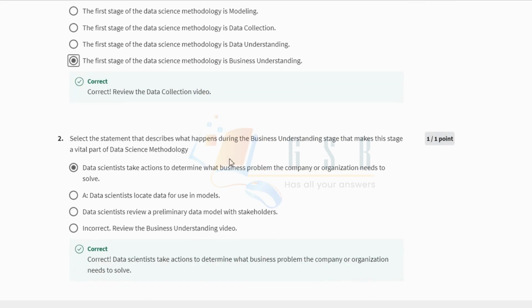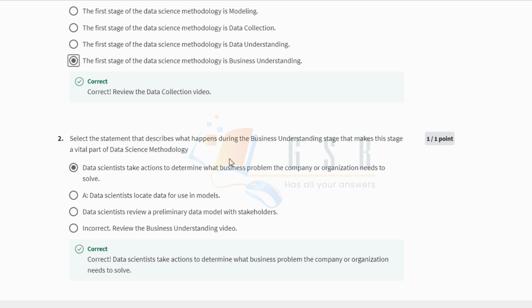The second question is: select the statement that describes what happens during the business understanding stage that makes this stage a vital part of data science methodology. The answer is: data scientists take actions to determine what business problem the company or organization needs to solve. A client is going to hire you with their problem and you are going to look into the data to solve it.